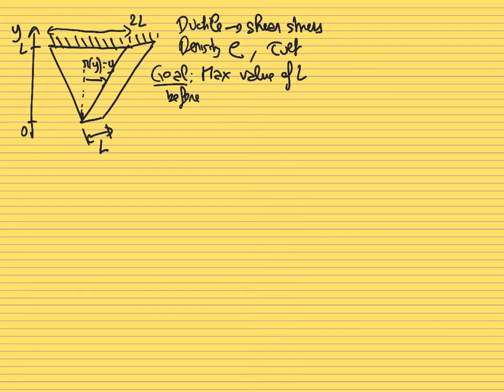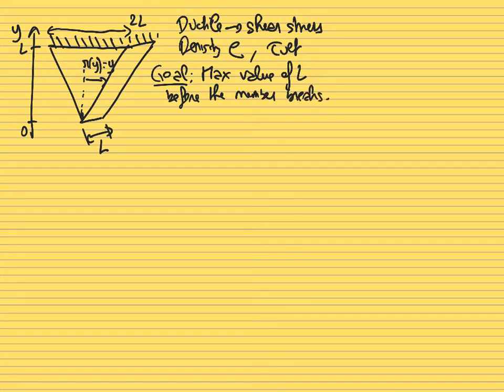But if this member becomes larger, so if capital L becomes larger, then its weight is going to increase, so the stress is going to increase, and at some point the shear stress is going to exceed the ultimate shear stress, so the material would be likely to break. So we want to find the maximum value of the length L before the member breaks.